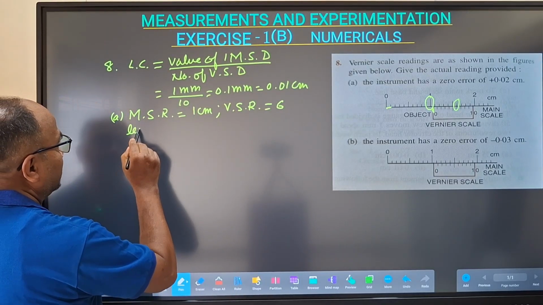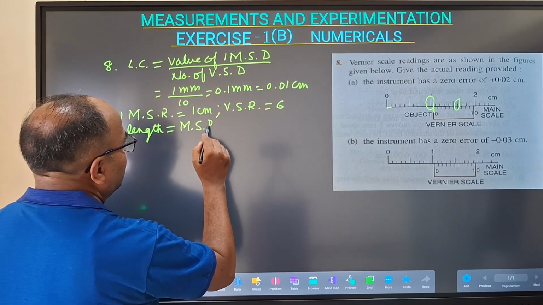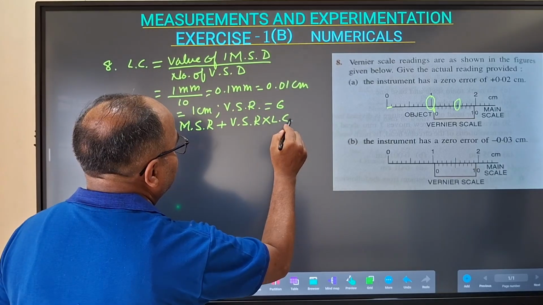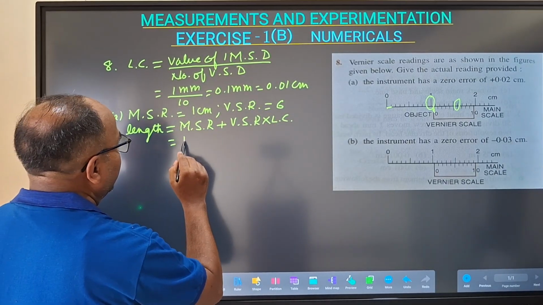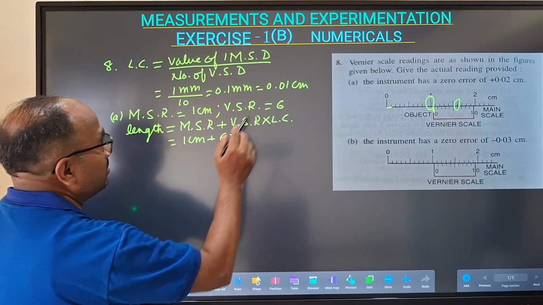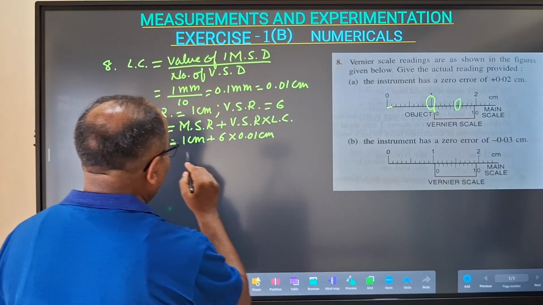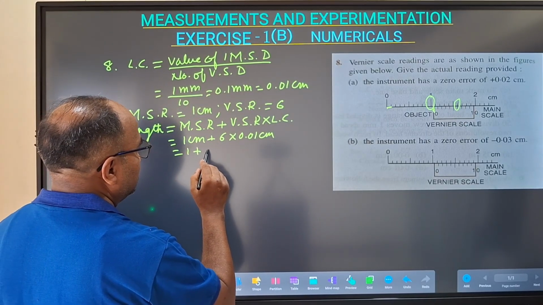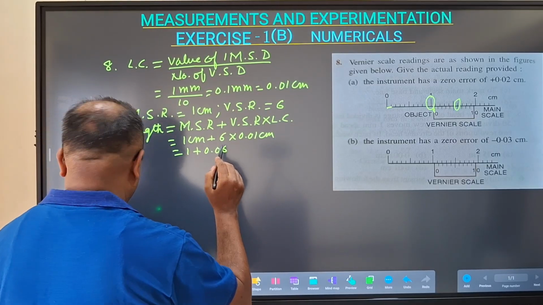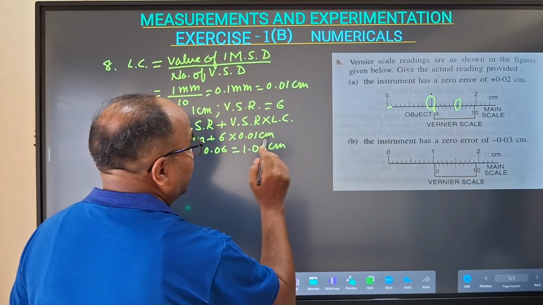So length is MSR plus VSR into the least count. MSR I came to know as 1 centimeter, VSR is 6, and least count I will write in centimeter as 0.01. So 1 plus 0.01 into 6 gives me 0.06. So I get here 1.06 centimeter.